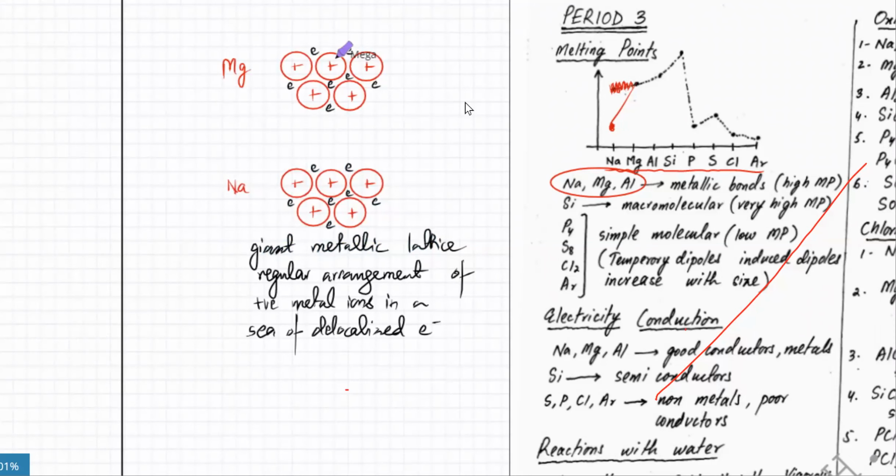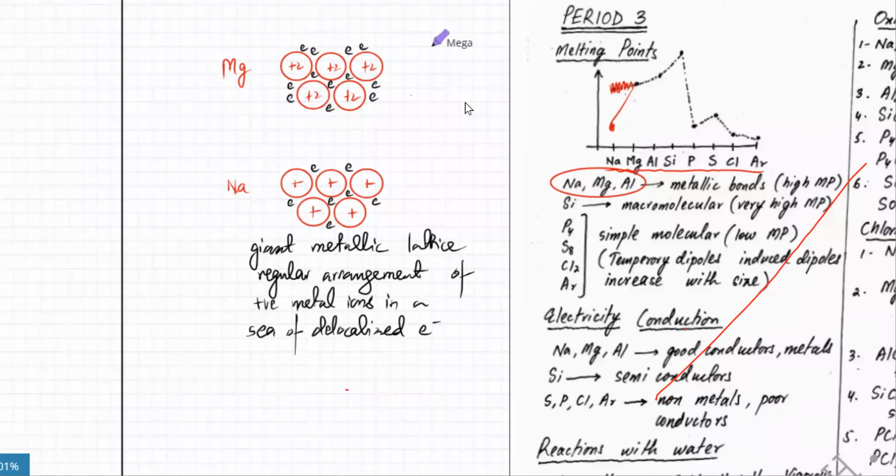So the only difference between them is that magnesium is going to have a charge of +2, because it's in group 2, and it's going to have more delocalized electrons because Mg loses 2 electrons, right?